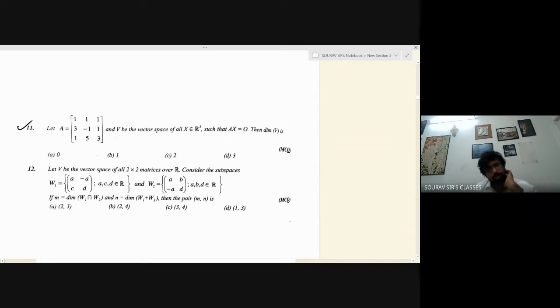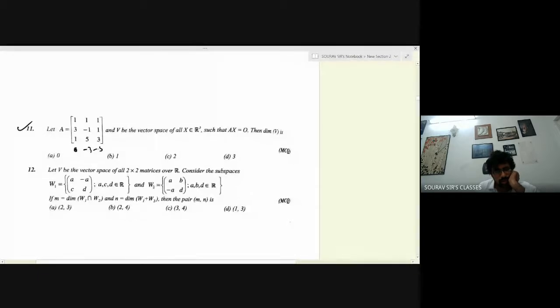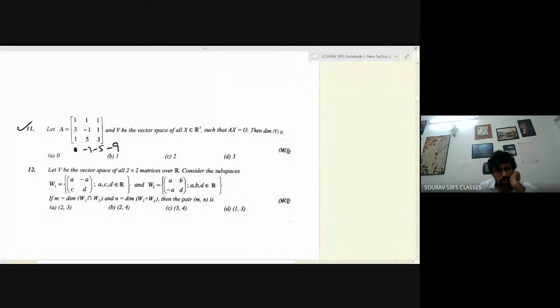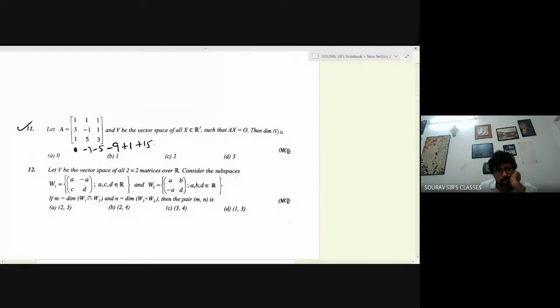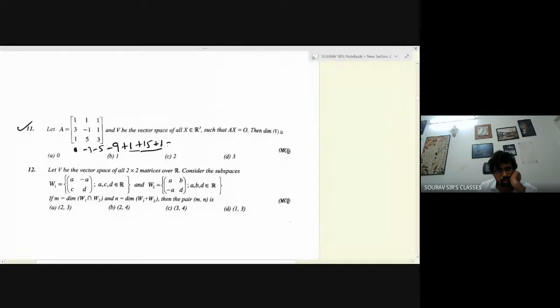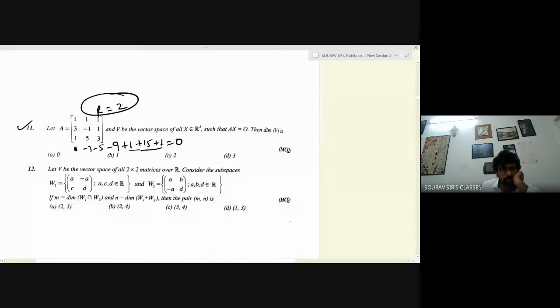Let's find the determinant value. 1 minus 3 minus 5, then minus 1 and minus 9, minus 1, so plus 1, then 1, 15, plus 1, 0. So rank equal to 2. You can do it in this way, or you can go with the row and column operation.